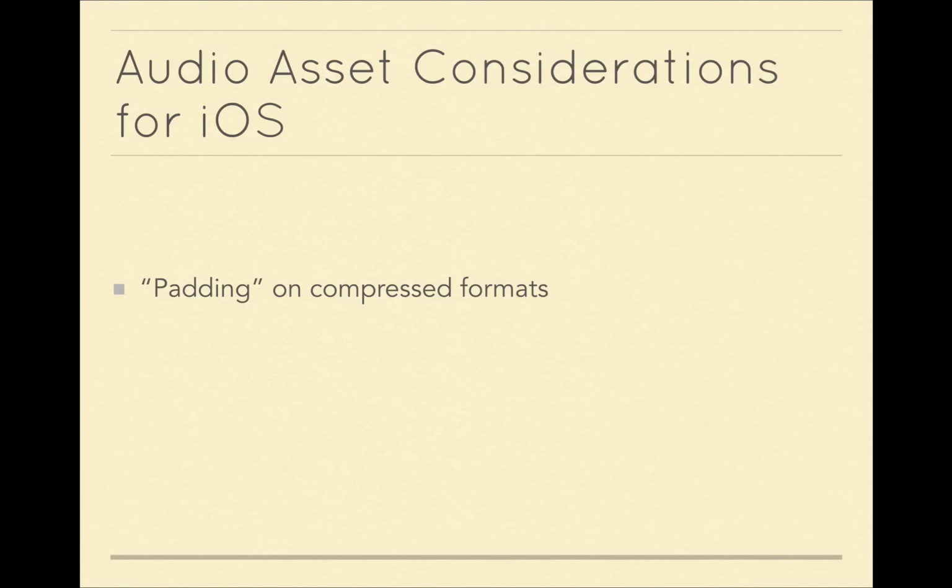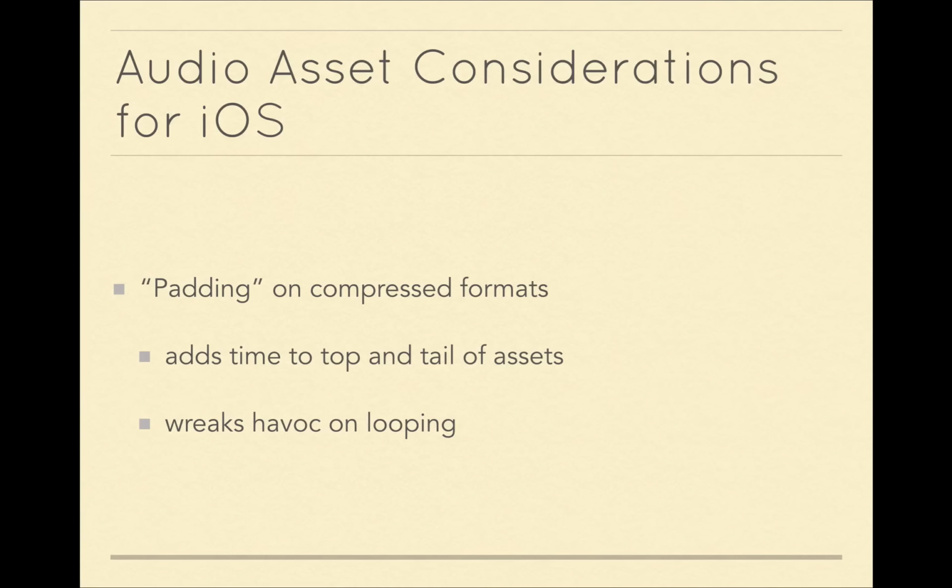Some other considerations: there are some compressed formats, particularly MP3s, that put a little bit of padding at the top and the tail of the asset. So this adds a little bit of time at the front and the back, and what that will do is it will wreak havoc on your looped audio assets.